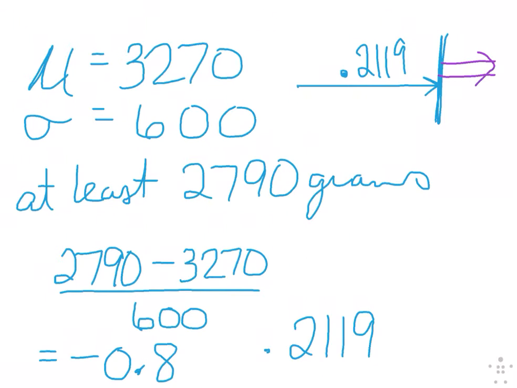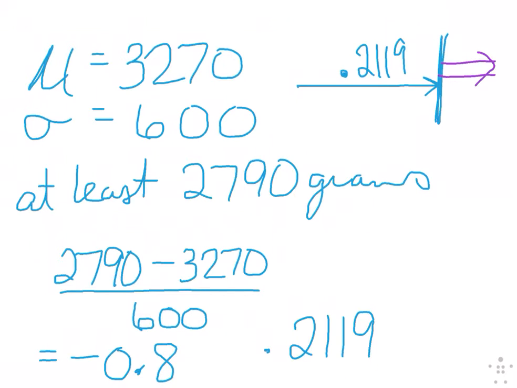So here's my thing for you. If you know that 100% of the data is here, and I have a line at 0.2119, how would I get the other side of it? Subtract it from 1. Very nicely done.